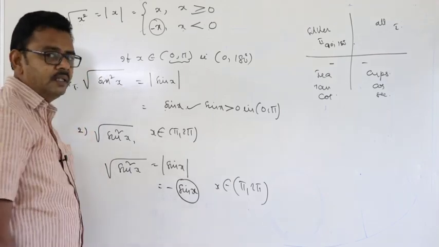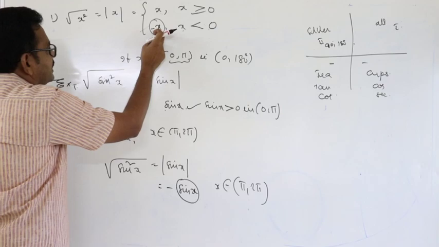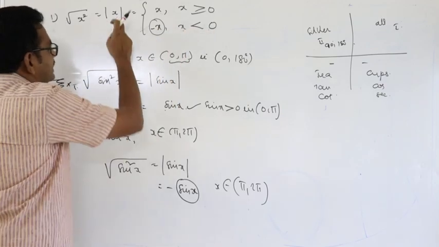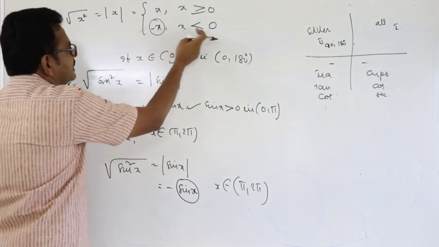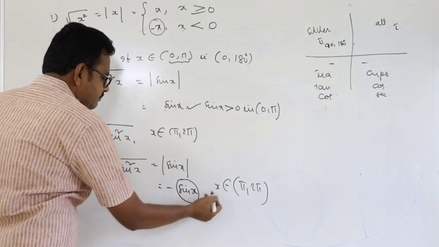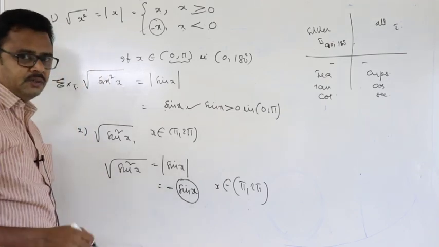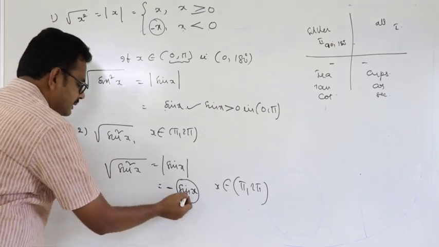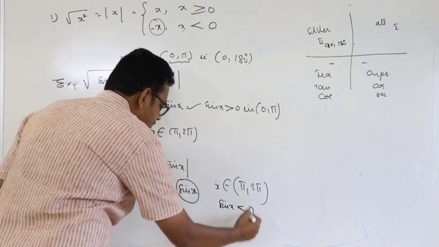According to the definition, mod x equals minus x if x is negative. So mod of sine x equals minus sine x if sine x is negative. Here sine x is negative, so minus sine x is positive. Sine x is less than 0.